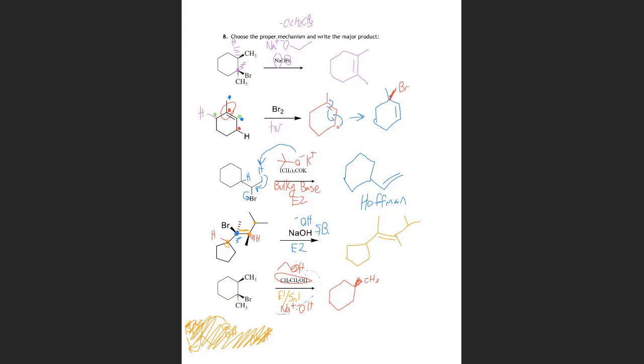Then I will say, this is getting a little advanced, but I'm not going to indicate stereochemistry right here, because you need to remember that you do get the racemic mixture of products with SN1. And you don't get stereochemistry on a double bond.